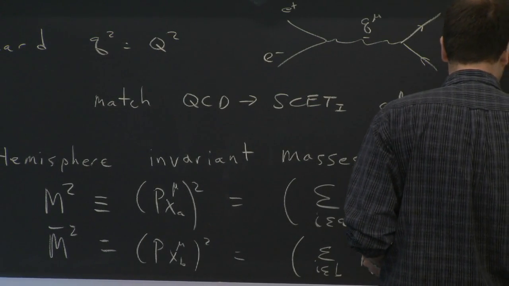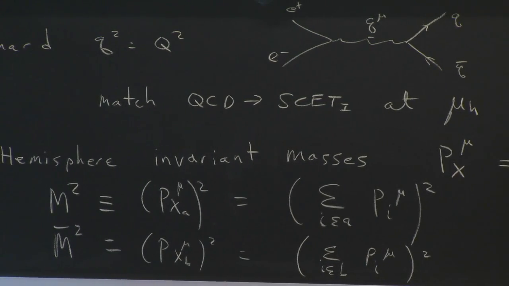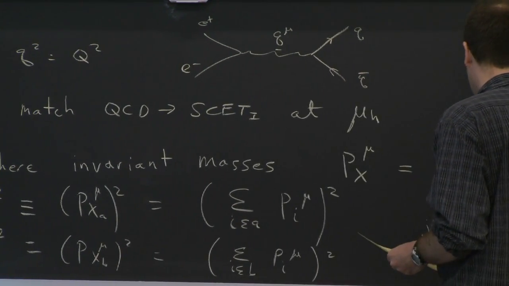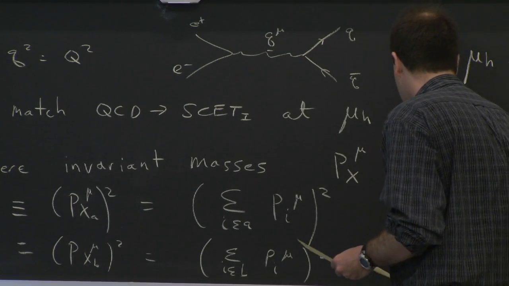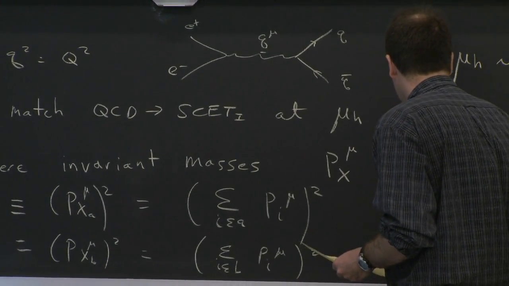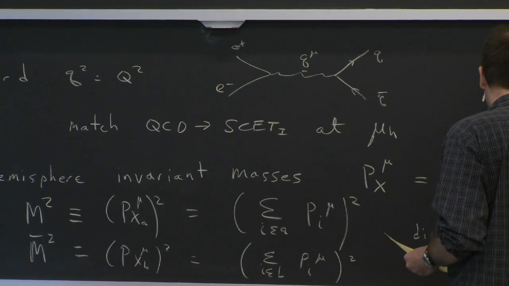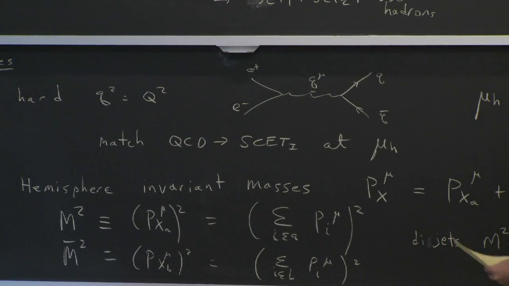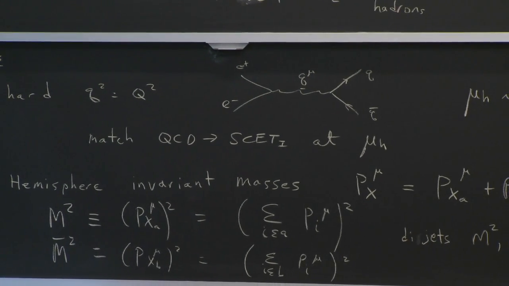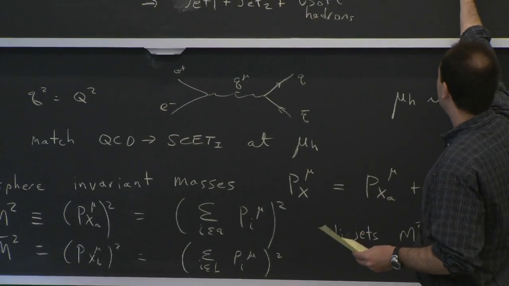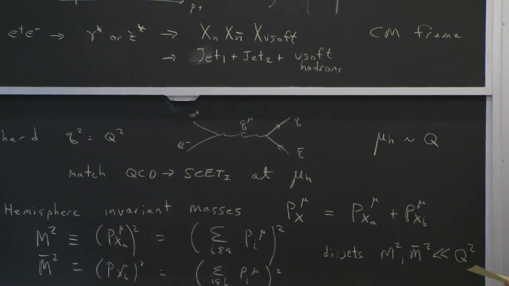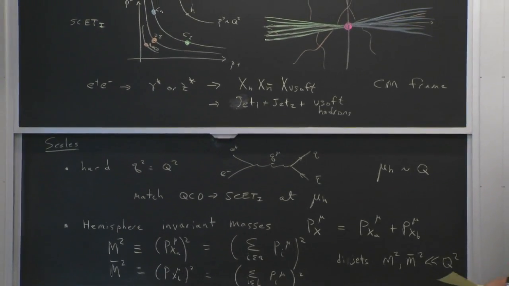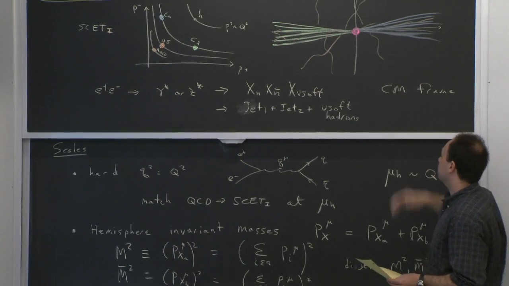And if you're measuring these two things, we talked about earlier the fact that you could specify that it was a jet by demanding that they're small. So the dijets are going to be m squared and m bar squared much less than q squared. And if you had trijets, that wouldn't be the case. Because if you had trijets, you'd have two jets in this hemisphere at wide angles, and that wide angle would produce a large invariant mass squared m squared that's of order q squared.